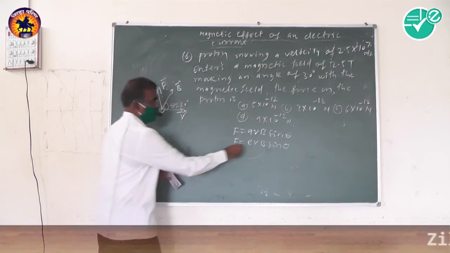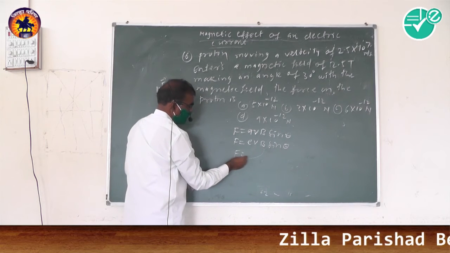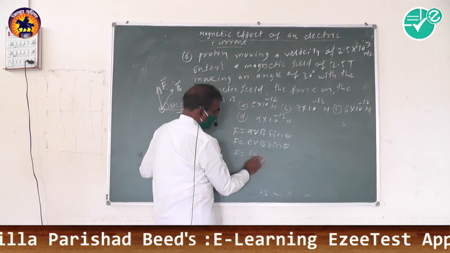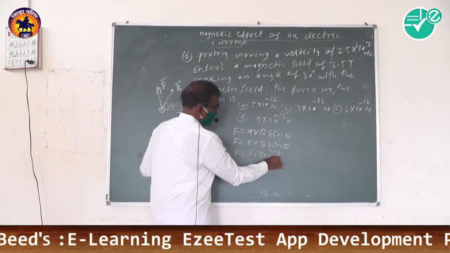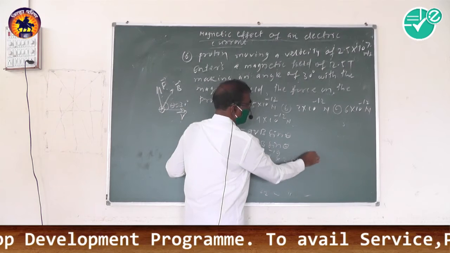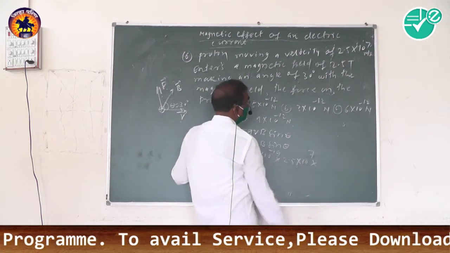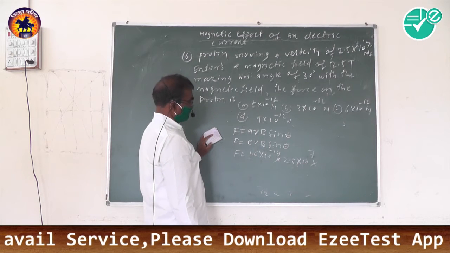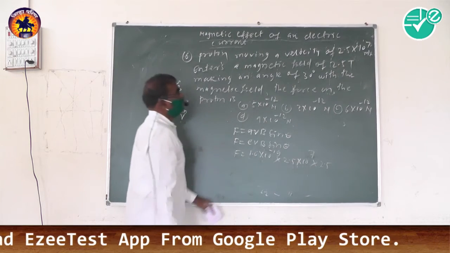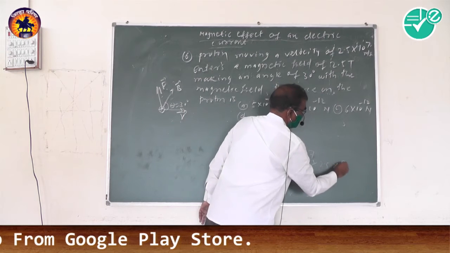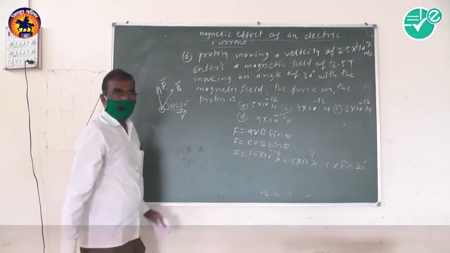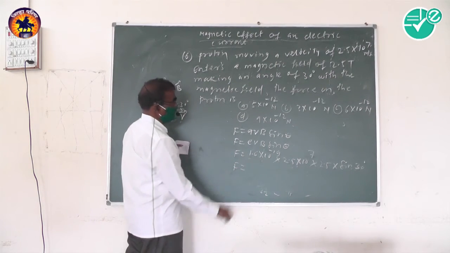The charge on the proton is 1.6 into 10 raised to minus 19, the speed of the proton is 2.5 into 10 raised to 7, the magnetic induction B is 2.5, and sin 30 degree.